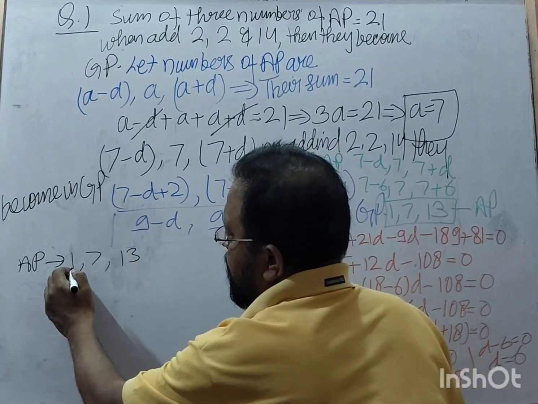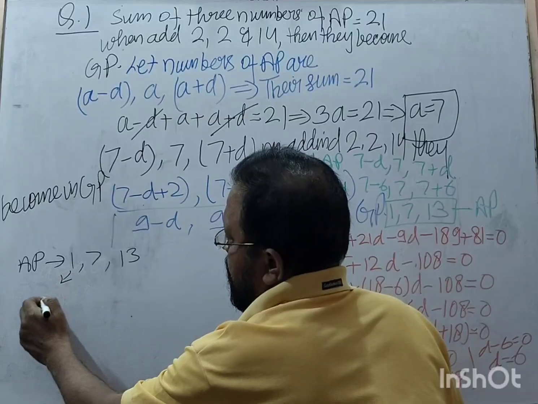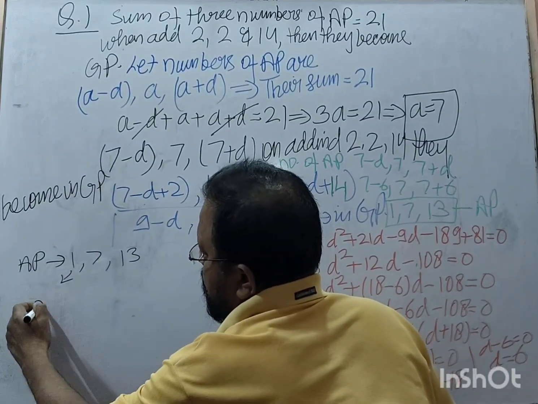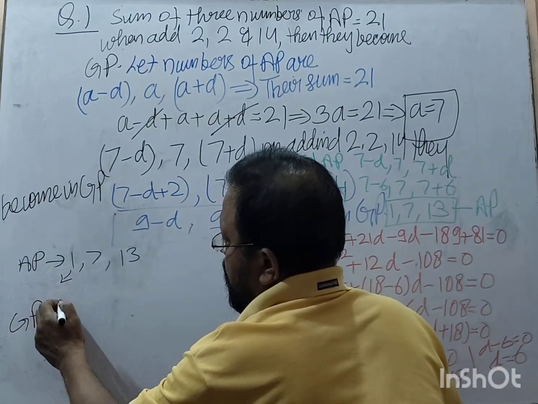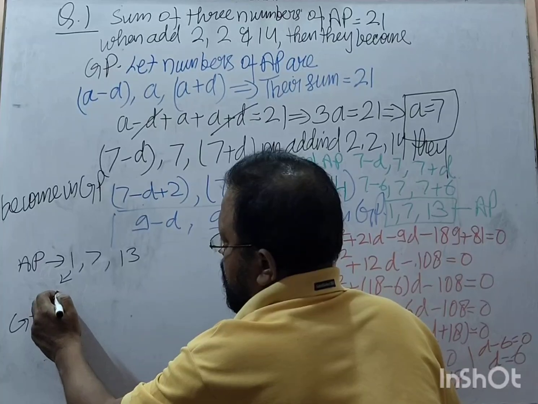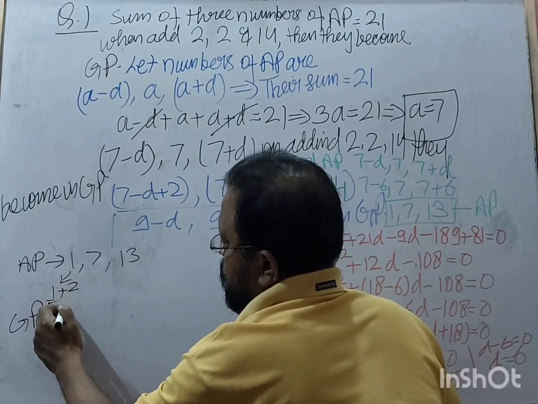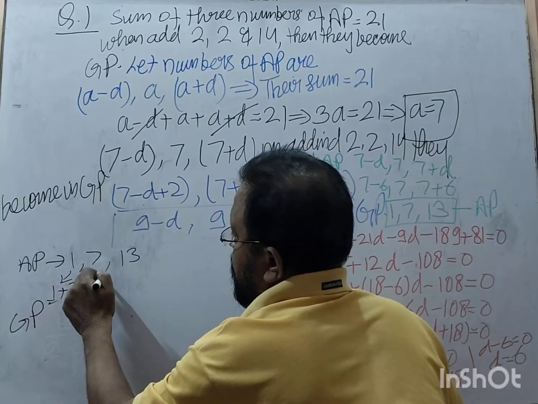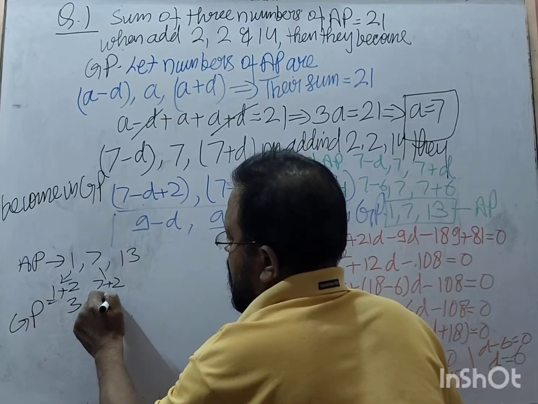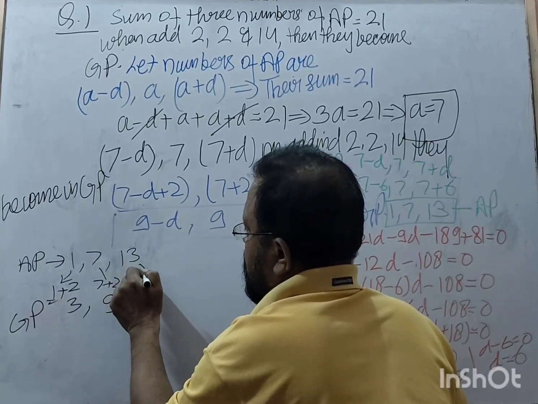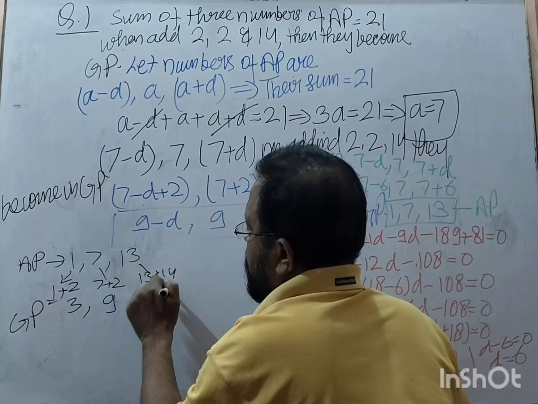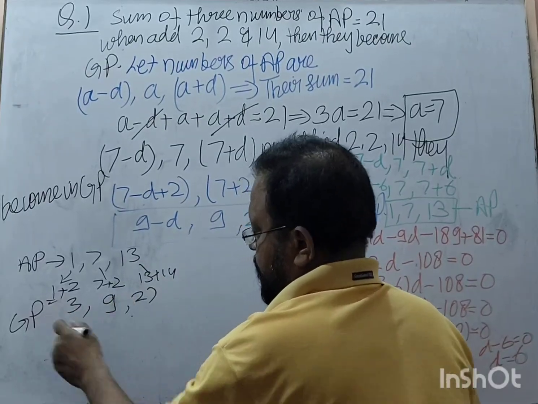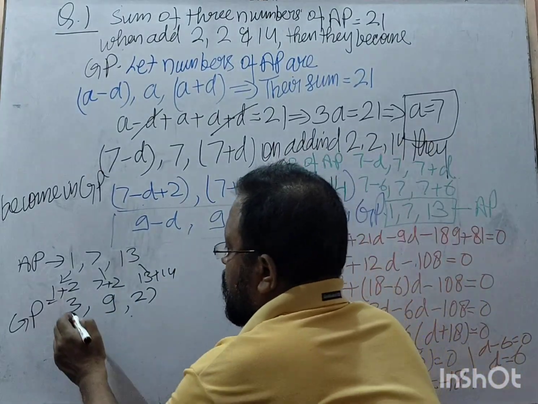On adding 2, 2 and 14, they become a GP: 1 plus 2 is equal to 3, 7 plus 2 is 9, and 13 plus 14 becomes 27. Right? Now this is the GP.